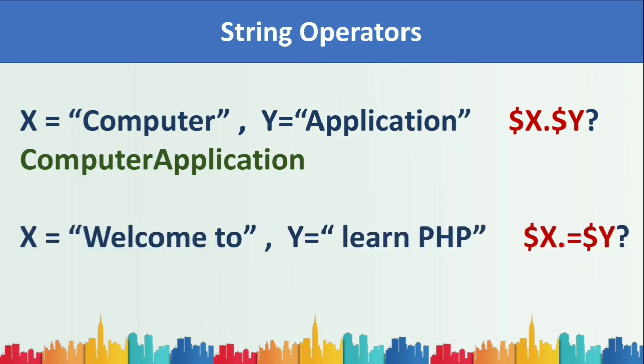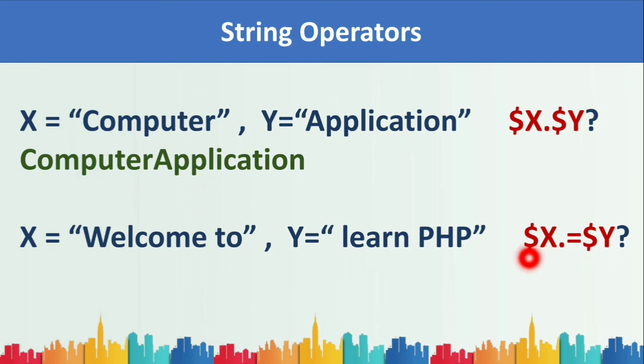And the next example, here we have x. The value stored in x is welcome to. And we have variable y and the value stored inside that is learn PHP. Now let us append the text. What is meant by append? You're going to add these words to the existing variable. So x dot equal to y.